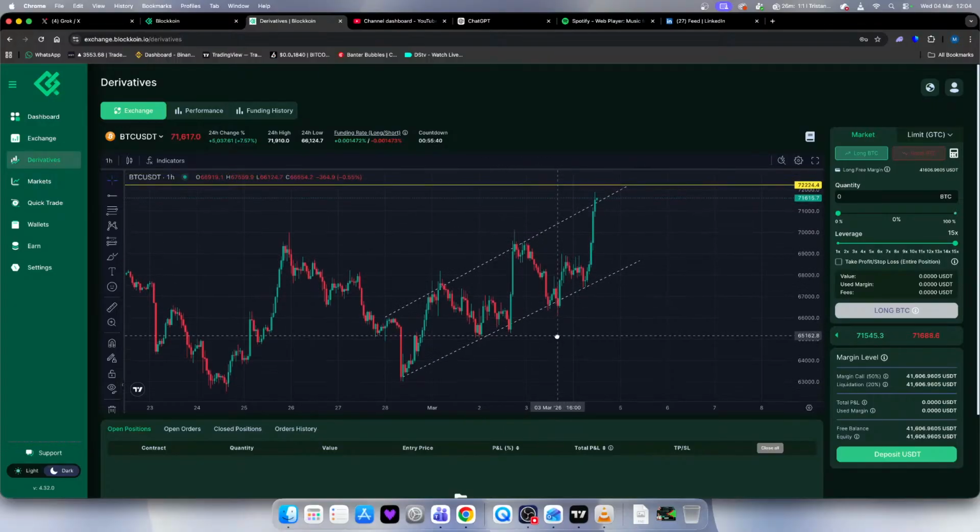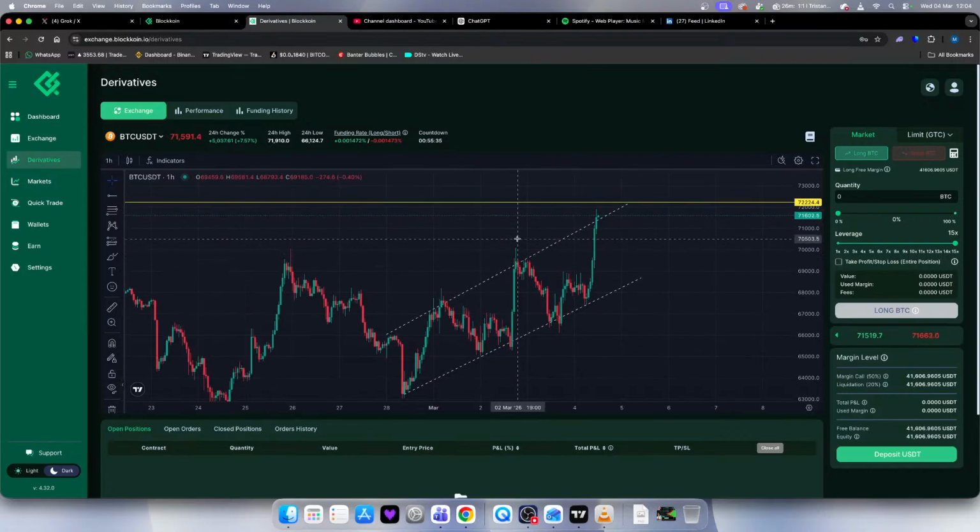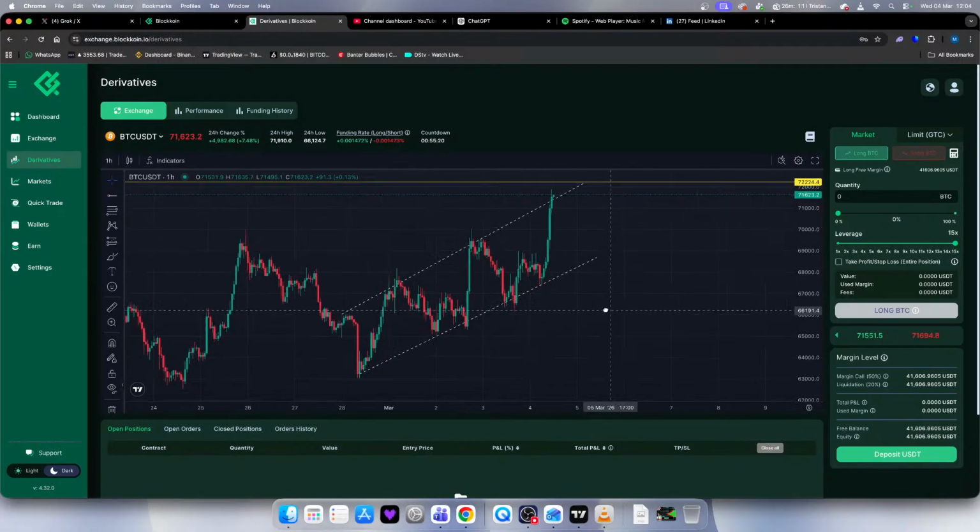Whereas a breakout would break above this resistance, close above it, perhaps push down to retest it as support, and then push up. That would be a confirmed breakout. When price just comes out and immediately reverses back into the range, that is just a liquidity grab.